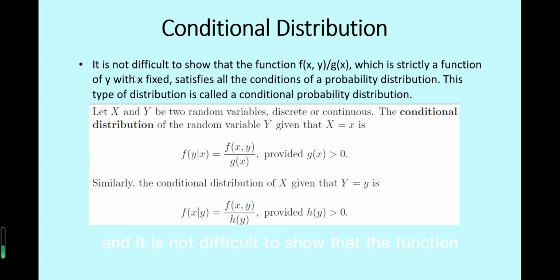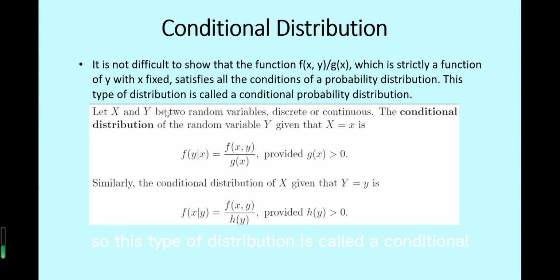And it is not difficult to show that the function f(x,y) divided by g(x) is strictly a function of y with x fixed, and it also satisfies all the conditions of a probability distribution.